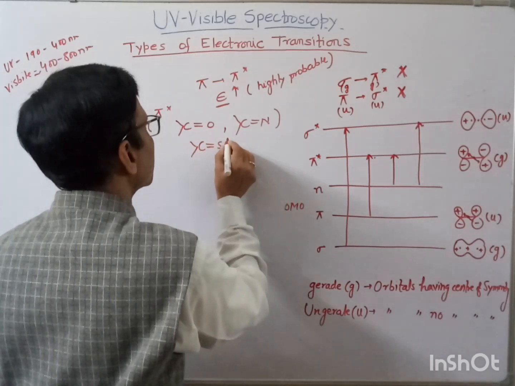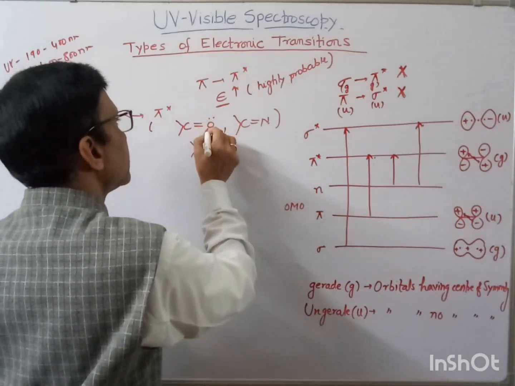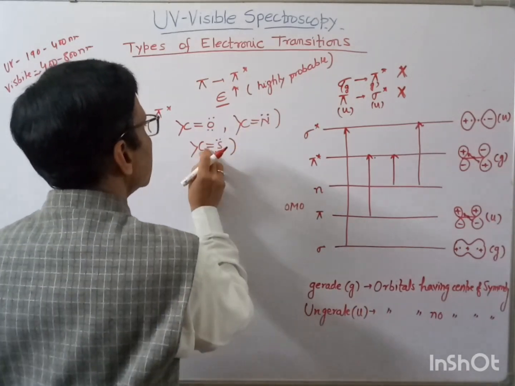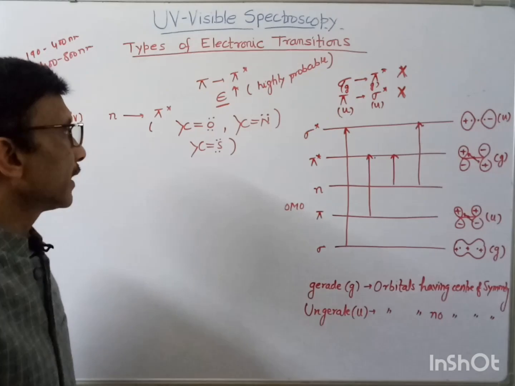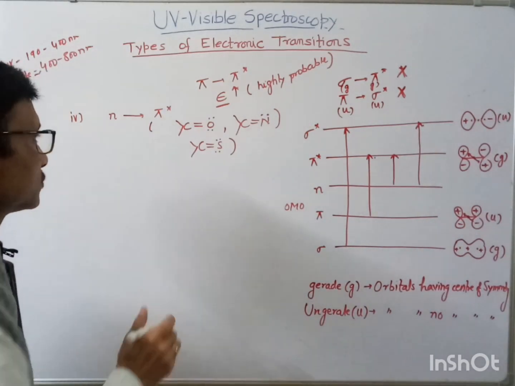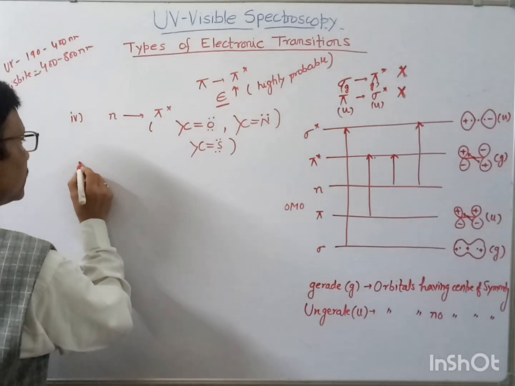Such a transition is possible where n electrons are present and a pi bond is present. We may represent this like this.